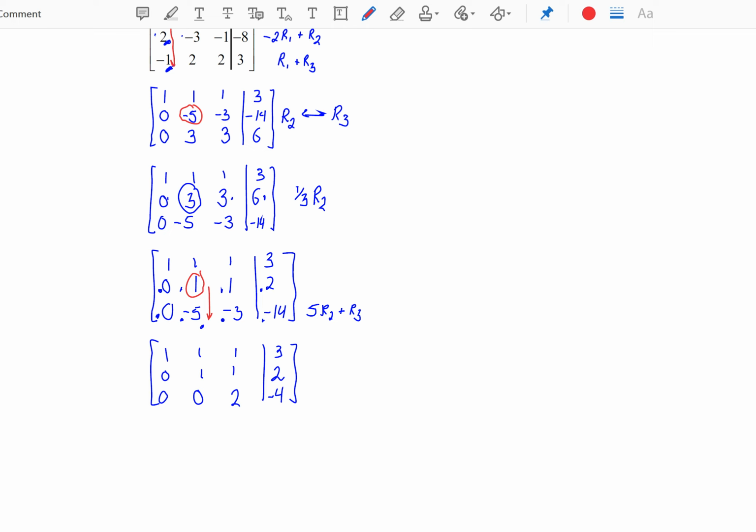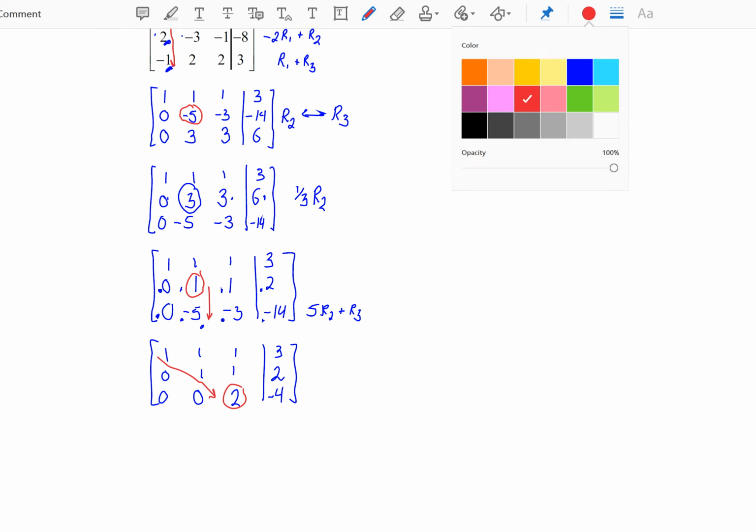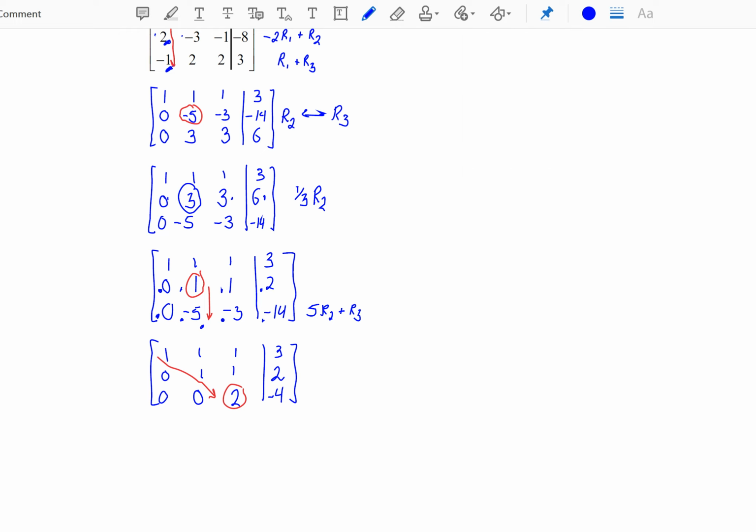Our next step. Remember, we wanted a bunch of 1s down this main diagonal here. So let's turn this last 2 into a 1. And I'll do this by multiplying everything in row 3 by a half.